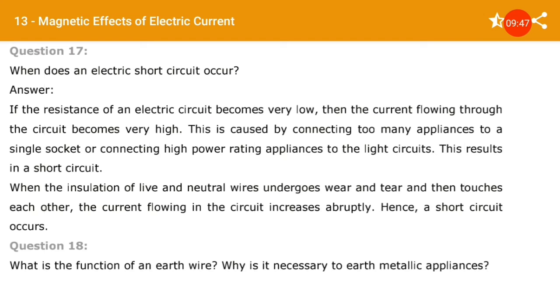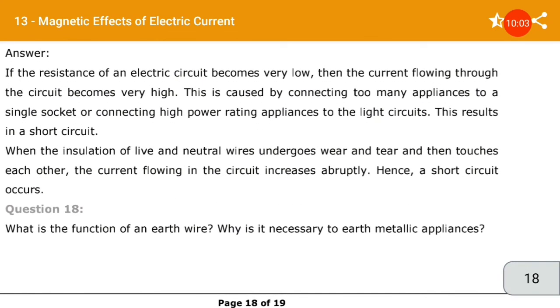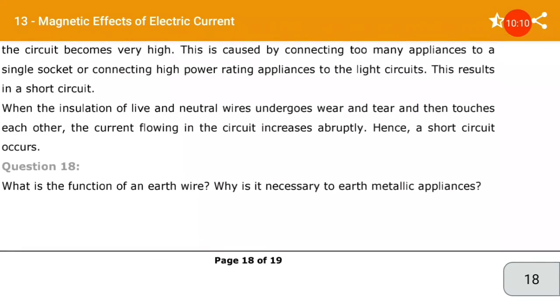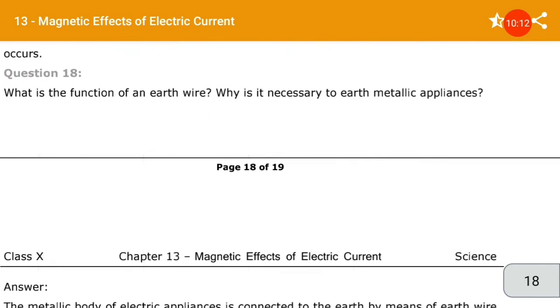This results in a short circuit or overloading. That is also a case for an electrical short circuit. When the insulation of the live and neutral wires undergoes wear and tear and they touch each other, the current flowing in the circuit increases abruptly, and a short circuit occurs, or overloading is also one of the cases. So that also you can include.